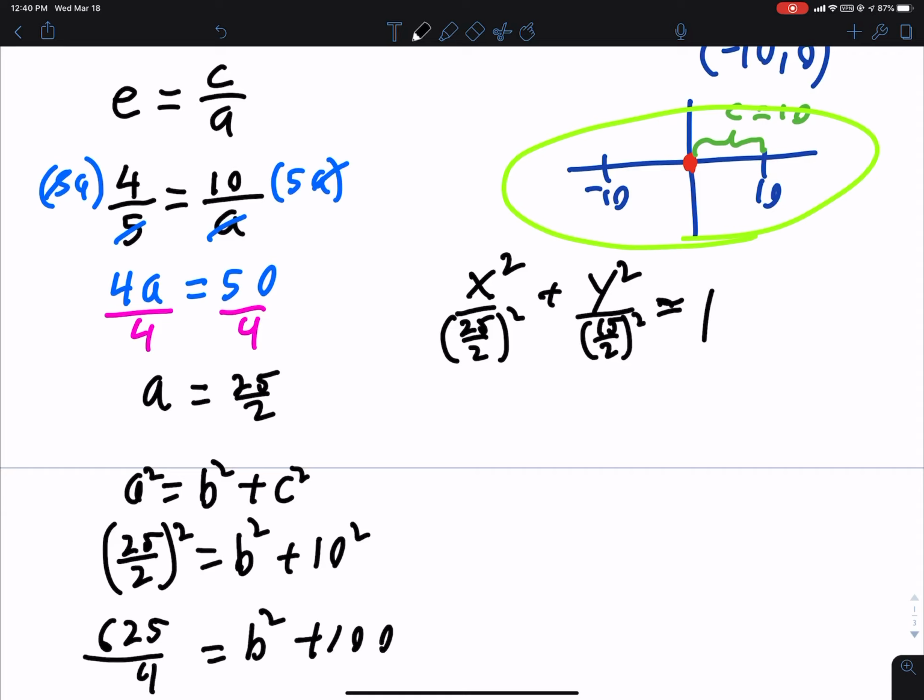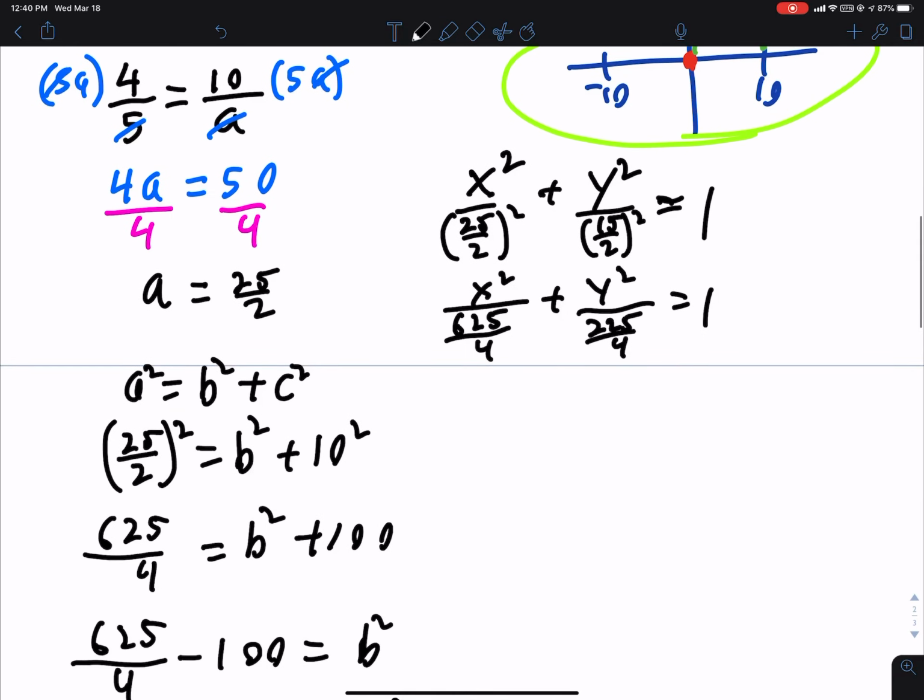We put in b squared. It kind of gets a little ugly again. If we multiply by the reciprocal, we get 4 over 625.